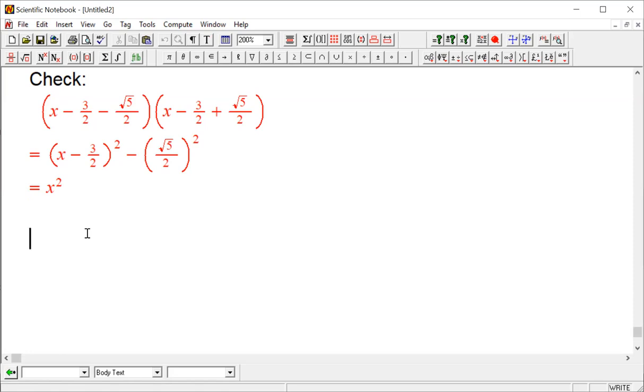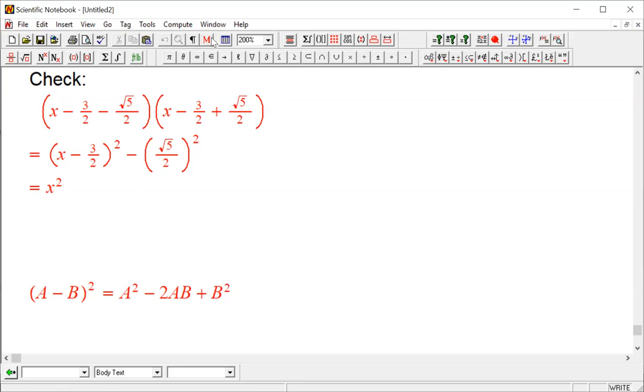For this part, we're using the formula a minus b squared equals a squared minus 2ab plus b squared. You can see these special formulas are very handy, right?